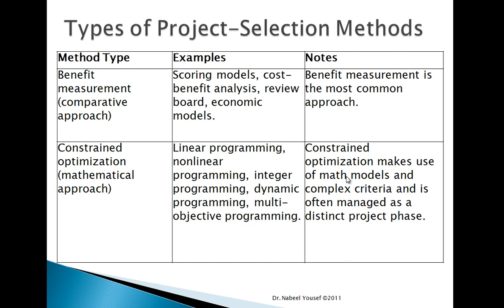As you can see, it's very complex. It has mathematical models, and based on these mathematical models, we can run them and choose the proper project. The most commonly used is the benefit measurement approach.